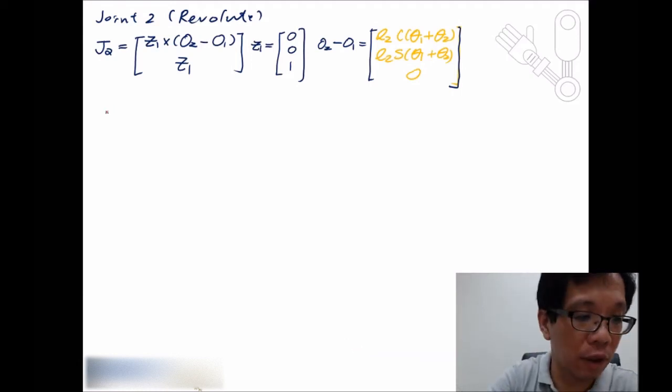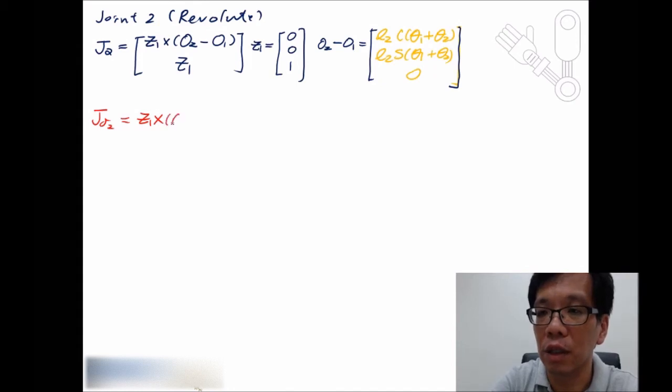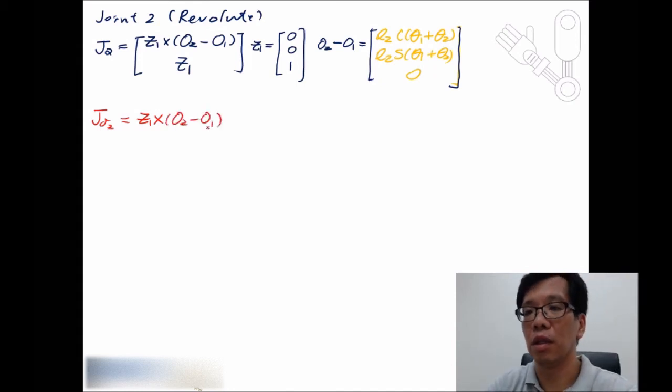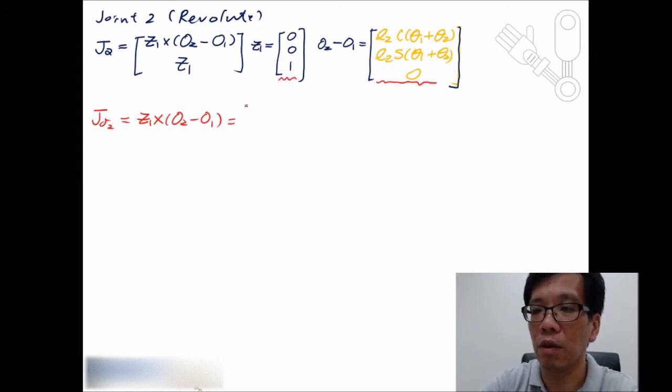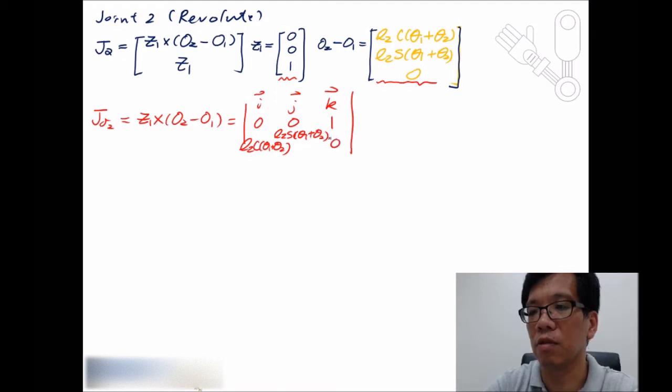So we have our JV2 equals to Z1 cross product O2 minus O1. This one cross product with this one. So I have I, J, K, 0, 0, 1. I have L2 cosine theta 1 plus theta 2. I have L2 sine theta 1 plus theta 2 and 0.